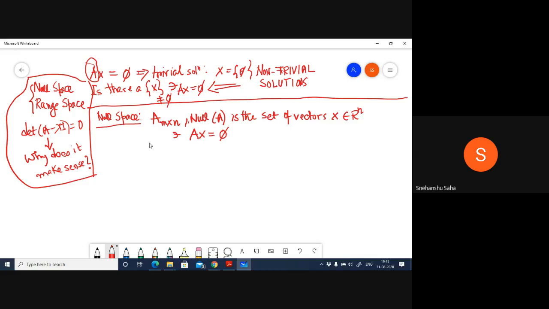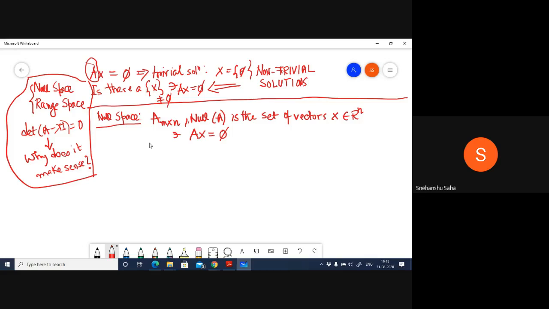You can see the way null space is defined has a direct connotation to systems of homogeneous equations, whether we are able to solve such systems in such a manner that your solution vectors are non-trivial.